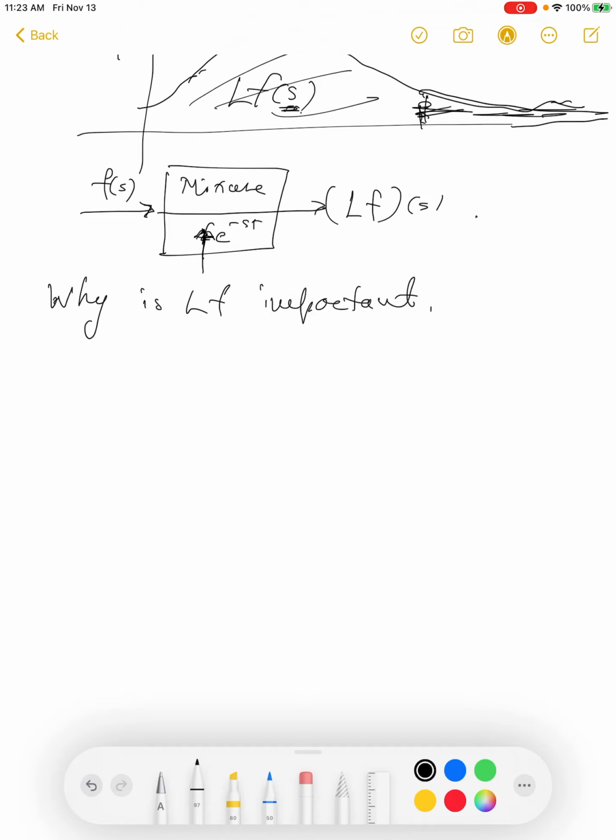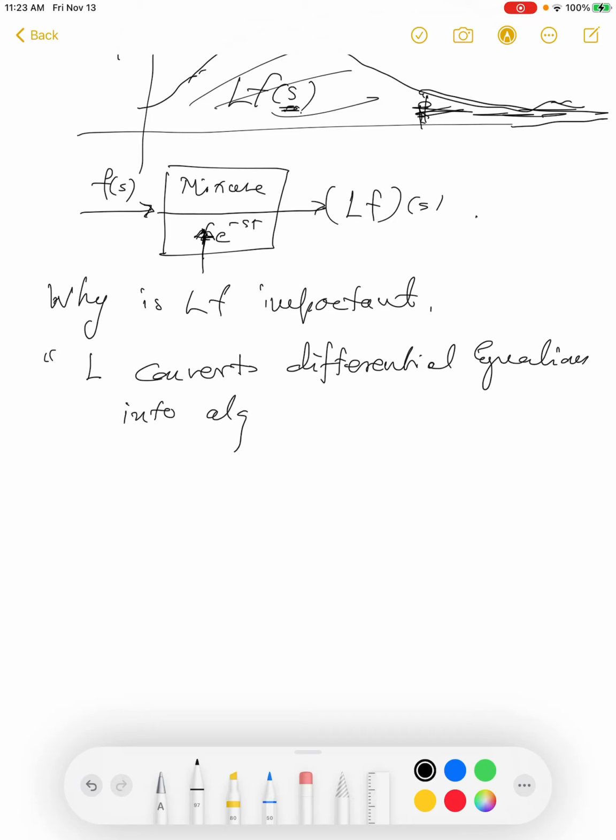And the answer to this can be given much later in a more convincing fashion, but at the moment I will just state that L converts differential equations into algebraic equations, and this will be explained later. So what do I mean by this?